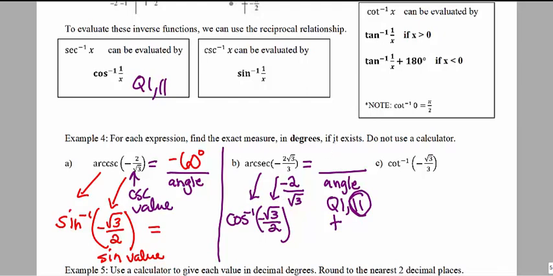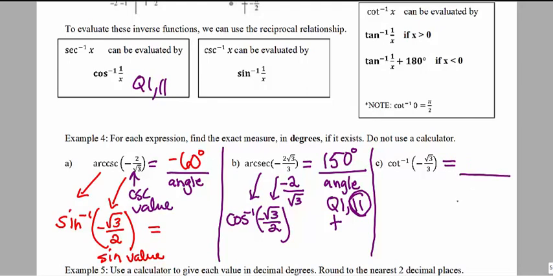So that would be 150 degrees. So we look on our unit circle, find the x value on the unit circle that's negative square root of 3 over 2. Find that cosine value, and that would be 150 degrees. So we're looking in quadrant 2 for cosine.